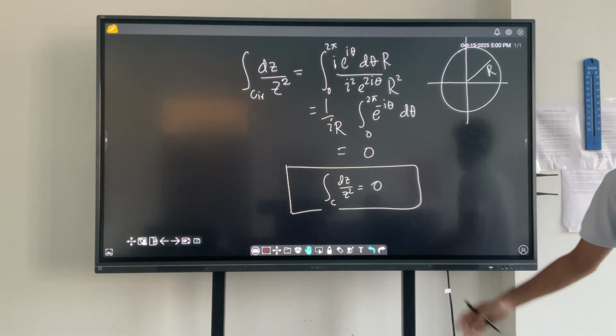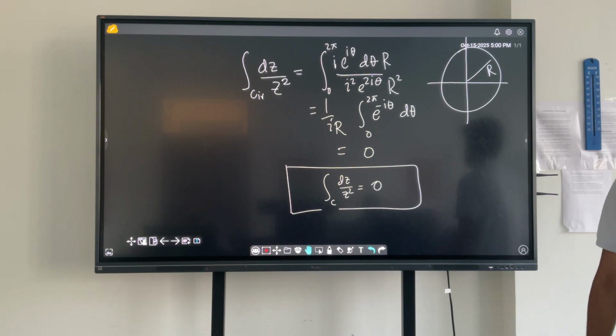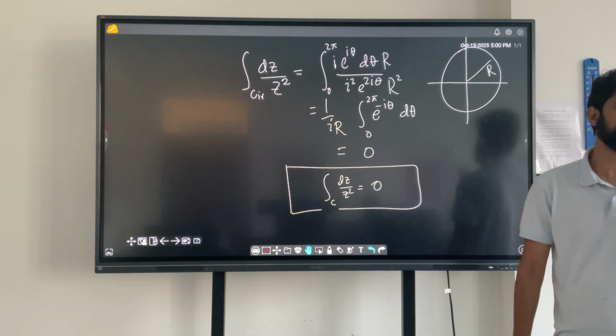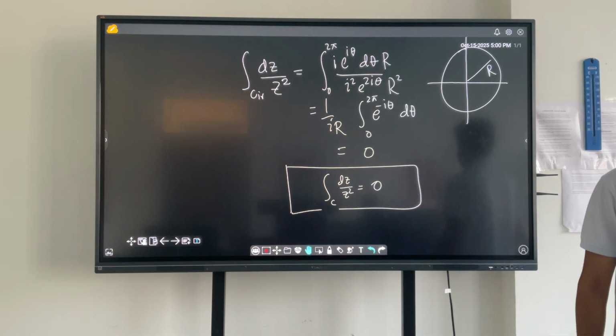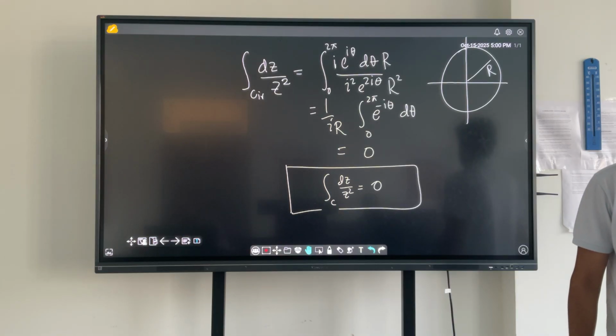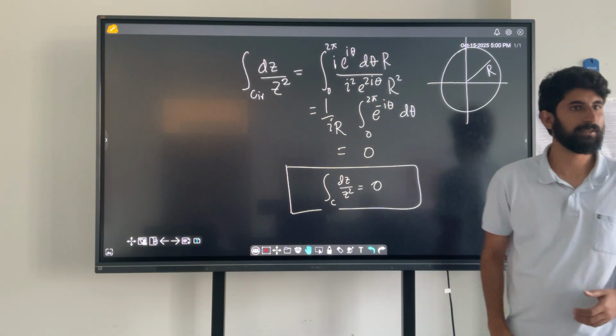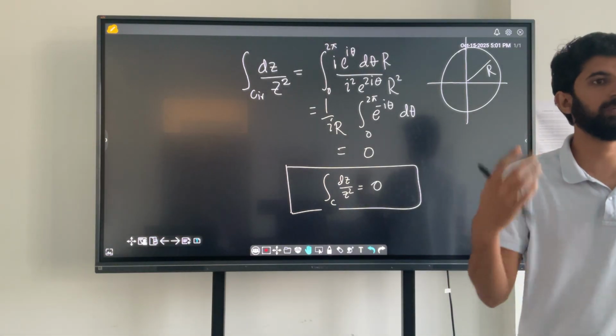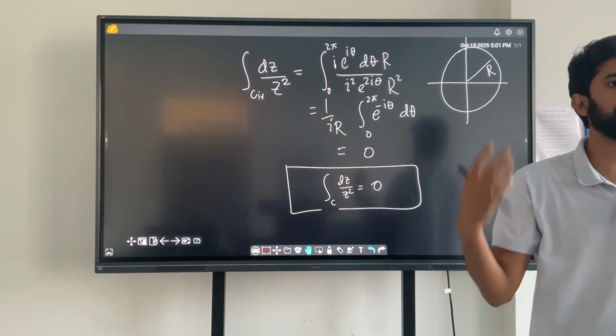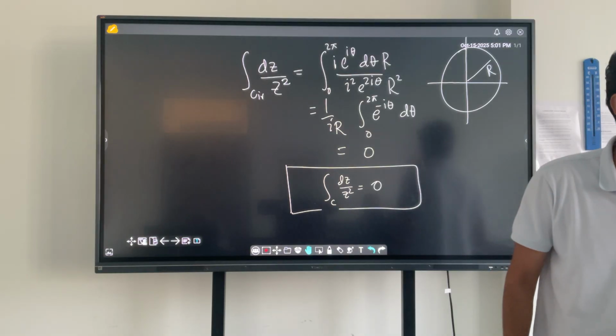That's 0. What about 1 by z to the power 4? Same thing, 0. So what about the integral of 1 divided by z to the power n, for any value of n? 0, always.